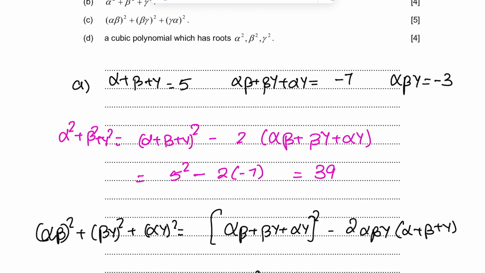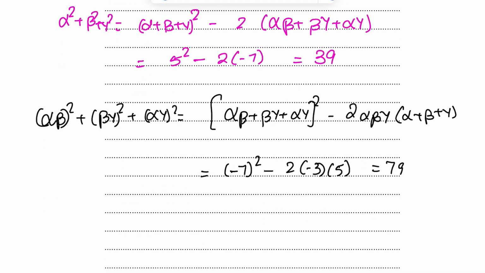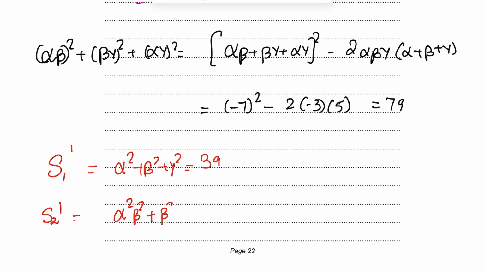A cubic polynomial which has the roots alpha square, beta square, gamma square. So the sum of the roots for the new equation is alpha square plus beta square plus gamma square, which is 39. Taking two roots at a time, alpha square beta square plus beta square gamma square plus alpha square gamma square is 79.